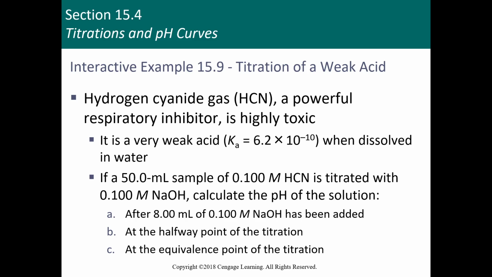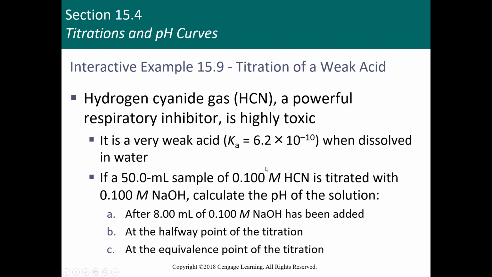Okay, so we're going to be considering various different stages of this titration and see what these look like. The first thing we have is this 50 milliliter sample of the 0.1 molarity HCN, and we know the concentration of our titrant, which is 0.1 molarity NaOH.